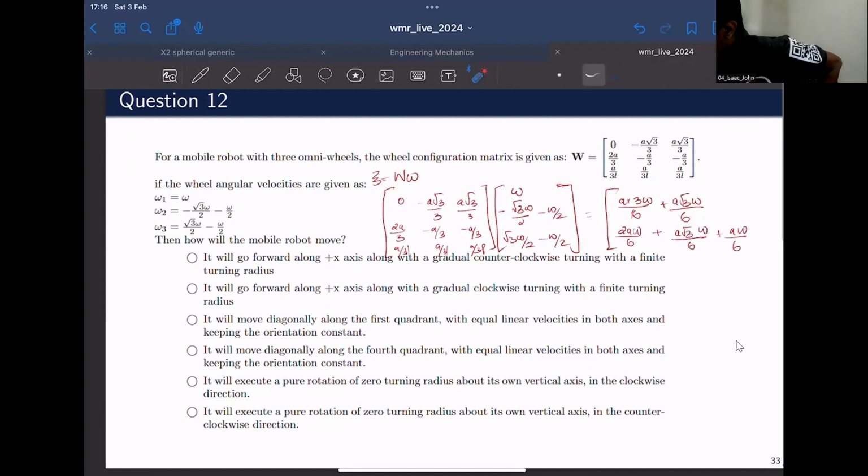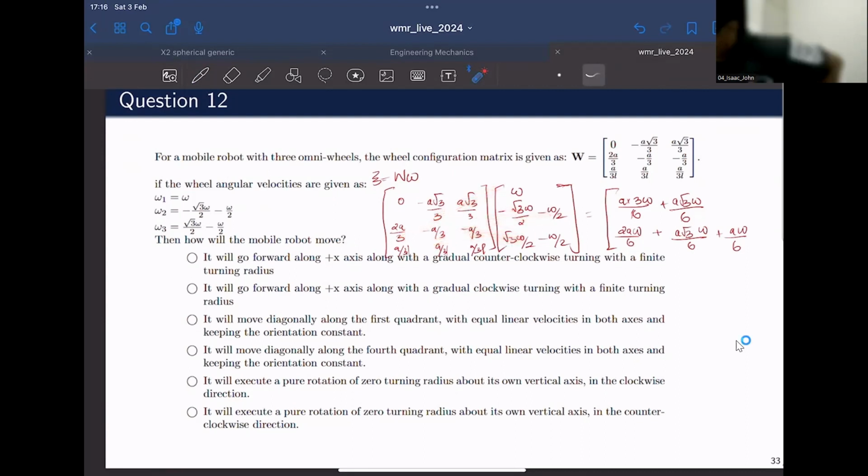2 omega by 6 a, root 3 omega by 6. Then we have this term, a omega by 6.